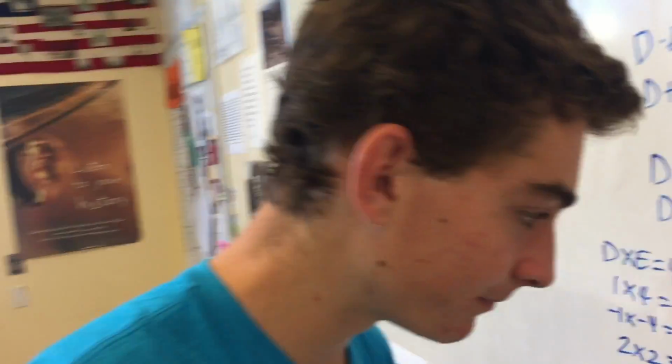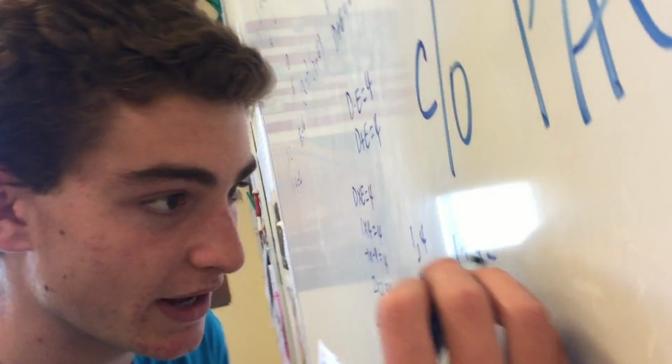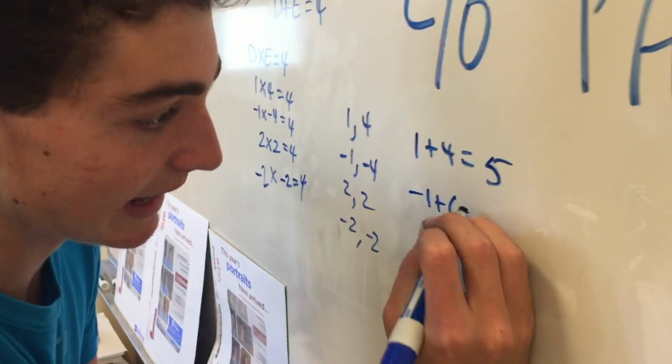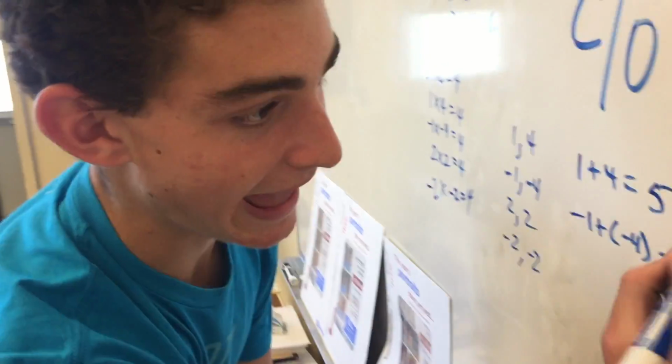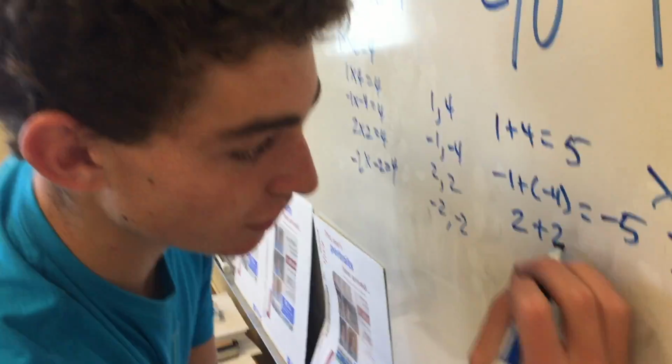Let's do the math. 1 plus 4 equals, shout it out, kids. That's right, 5. Negative 1 plus negative 4 equals, shout it out, kids. That's right, negative 5. 2 plus 2 equals, shout it out, kids. 11. Wrong.